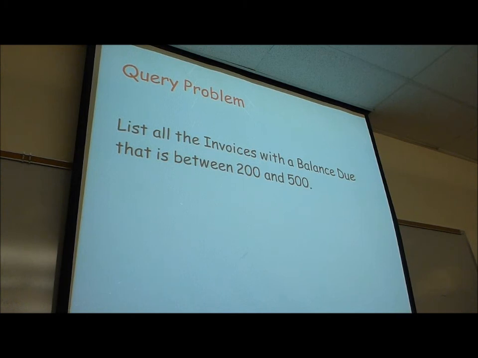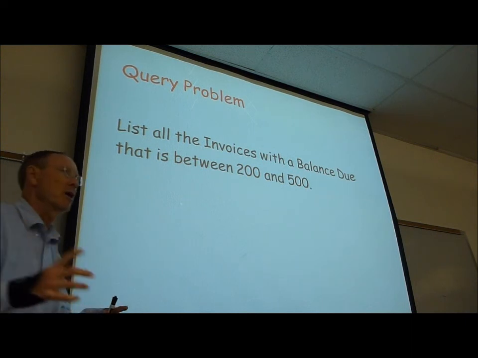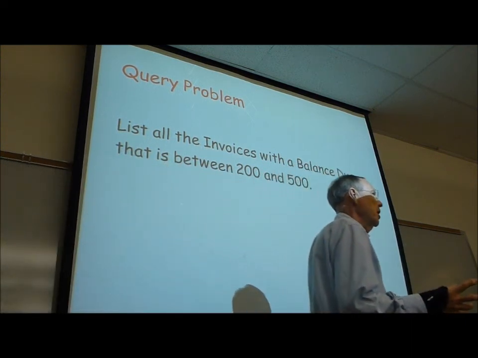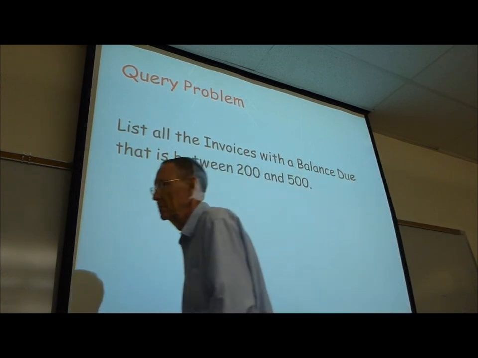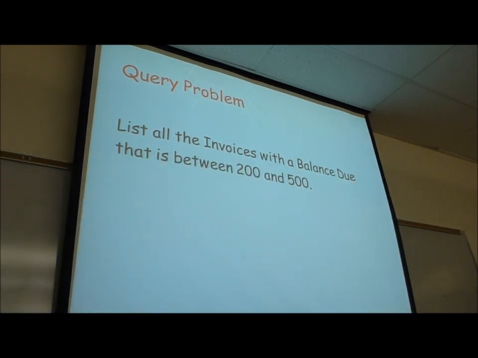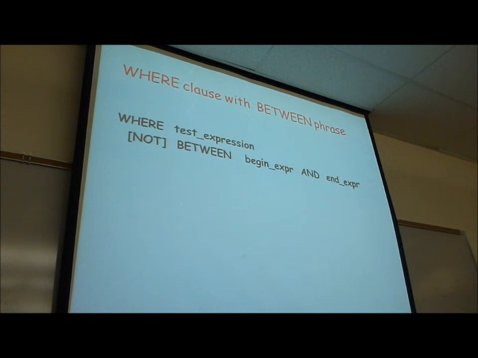Okay, we've got a lot of specialized operators here. And these are just niceties. List all the invoices with a balance due that is between $200 and $500. And what they mean here is $200 and $500 inclusive. Okay. And we got a nice clause for that.